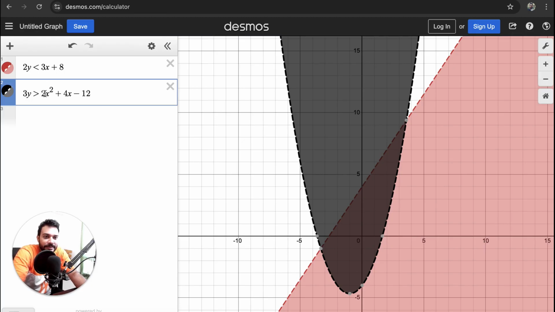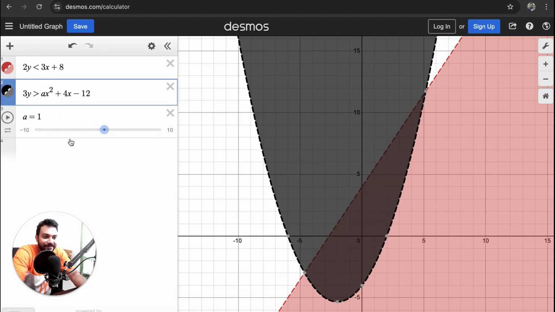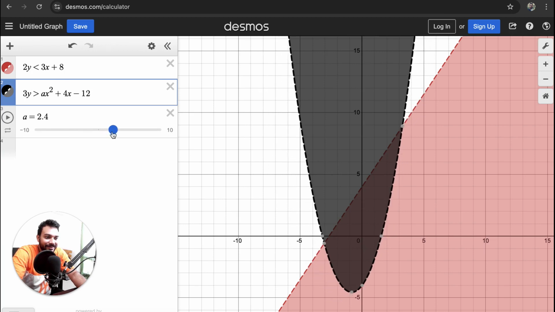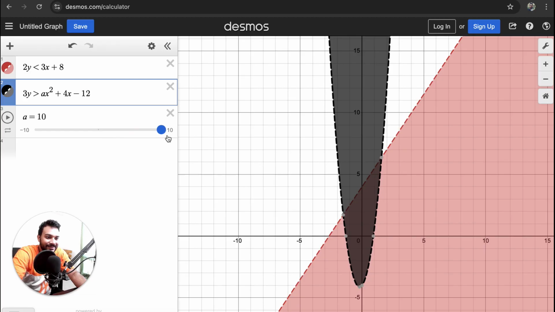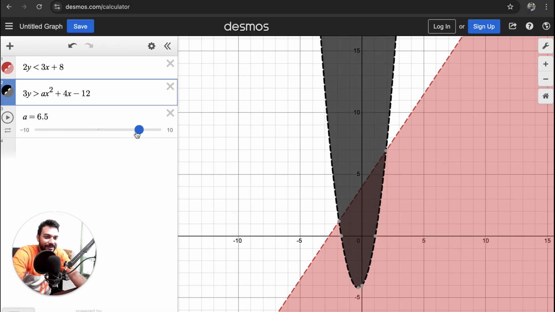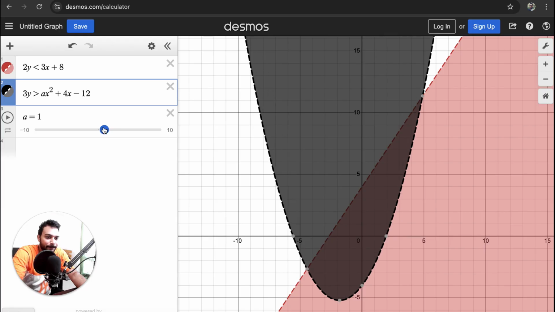We could even take a parameter, a slider here, and see how the solution changes. See, the solution set is shrinking all the way till x equal to 10. And if I take it to be negative, the moment it goes negative, the parabola will flip.